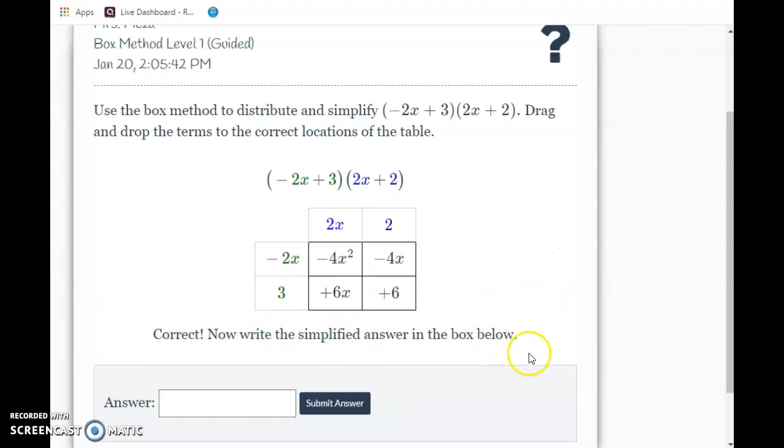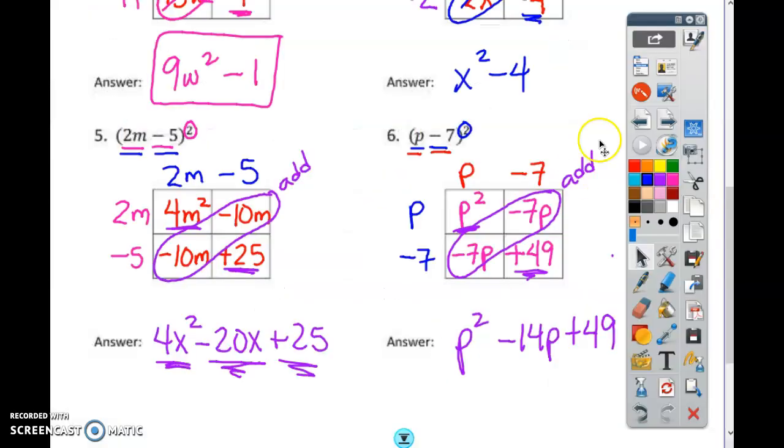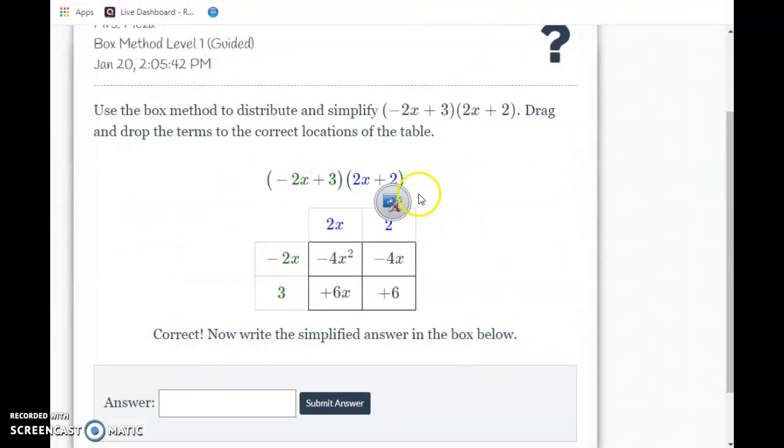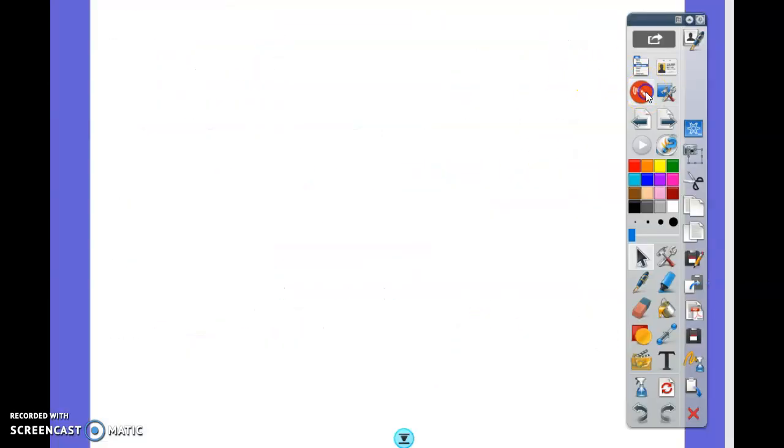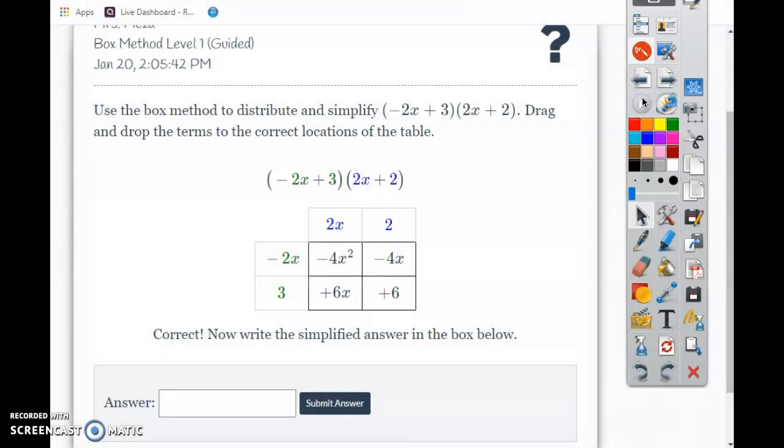Now write the simplified answer in the boxes below. What you're going to do now is combine like terms, right? So you are combining the diagonals, these two, you're going to add them, and then put the answer down at the bottom.